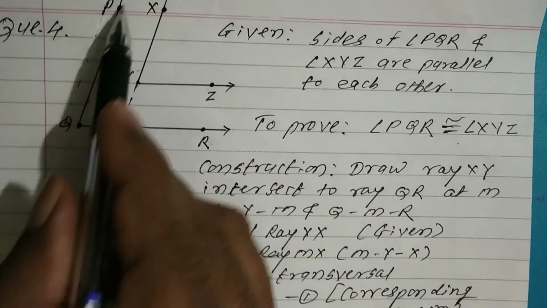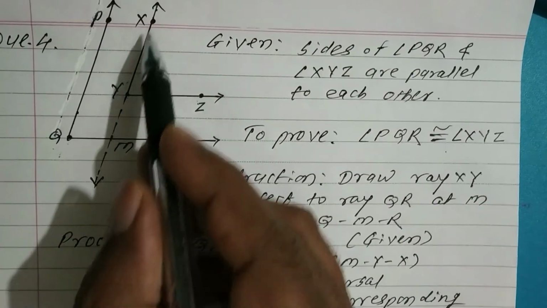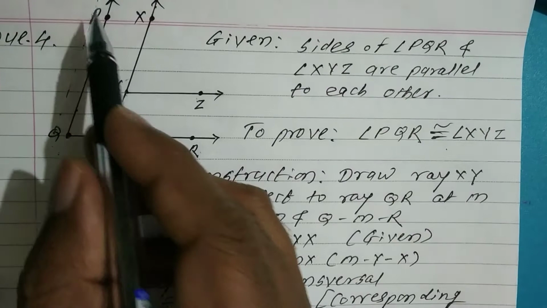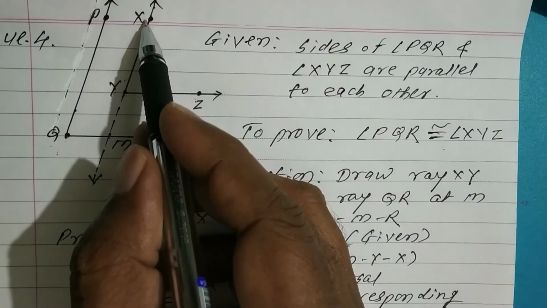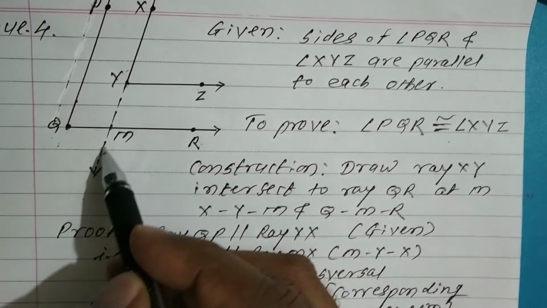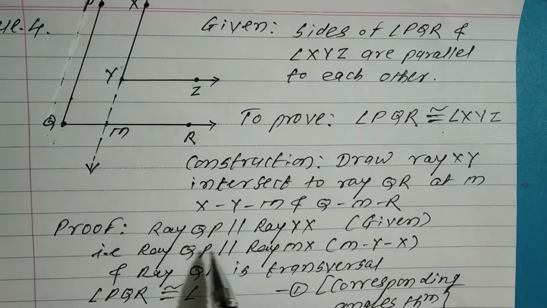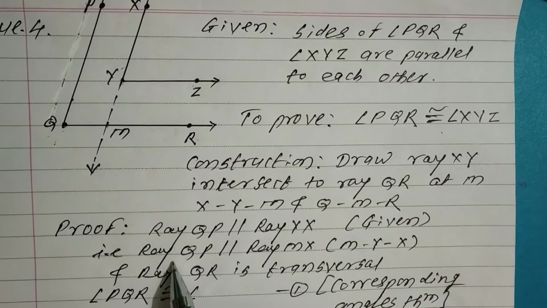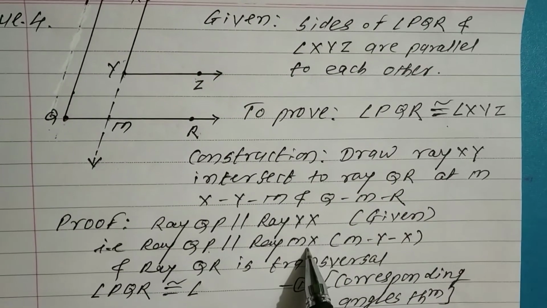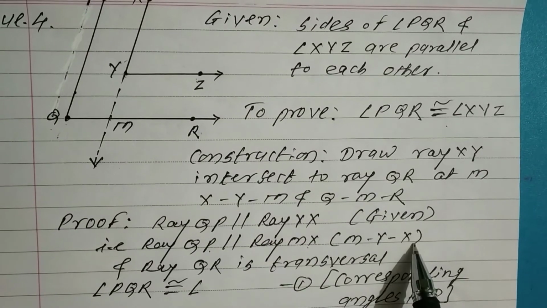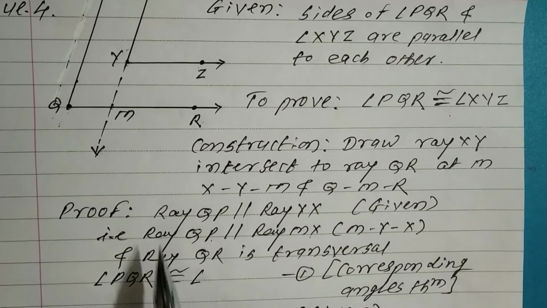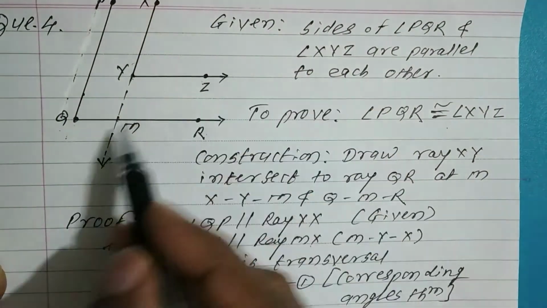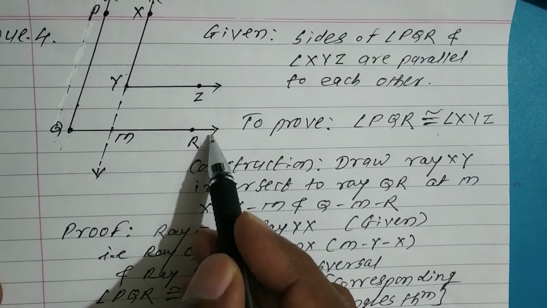If you take ray QP parallel to ray YX, this is given. You also write this ray QP parallel to ray MX because XYM betweenness. Hence I write here ray QP parallel to ray YX given, that is ray QP parallel to ray MX, MYX betweenness, and for ray QP and ray MX, ray QR is the transversal.